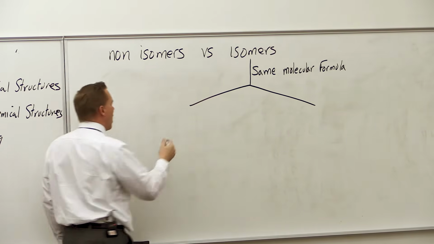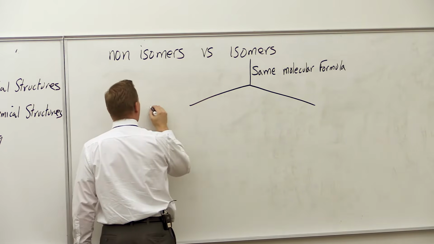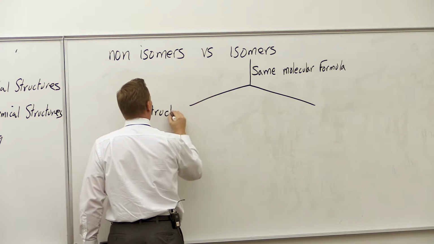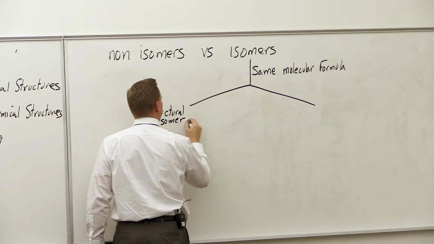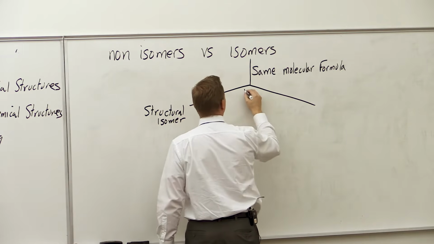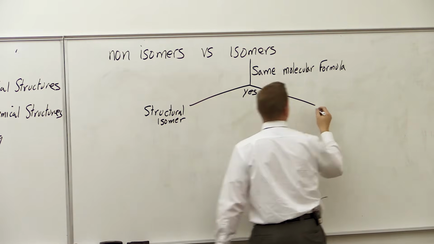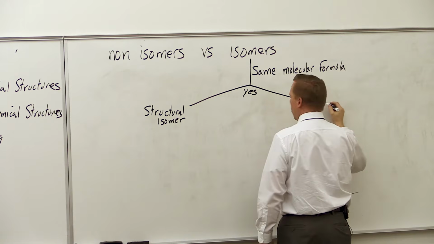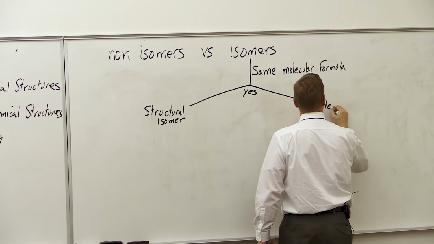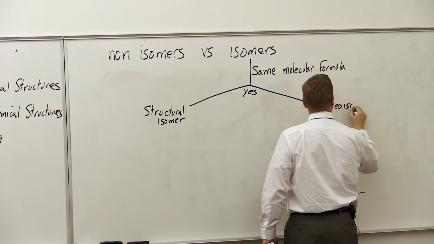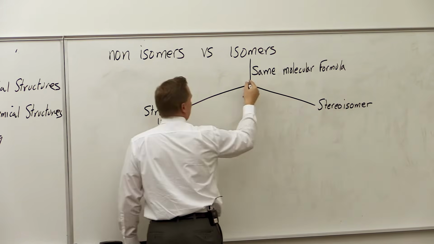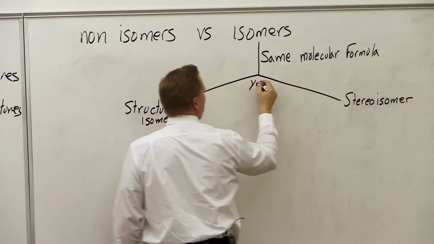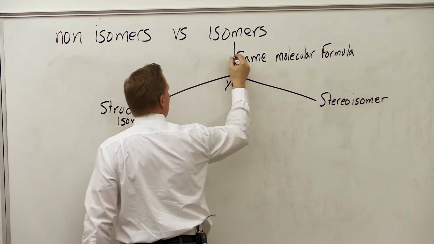They will either be what we call a structural isomer, or they will be what we call a stereoisomer. So in our decision tree, if they're the same molecular formula, yes, then it's one of these two.